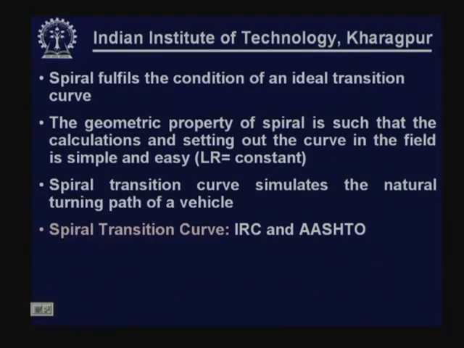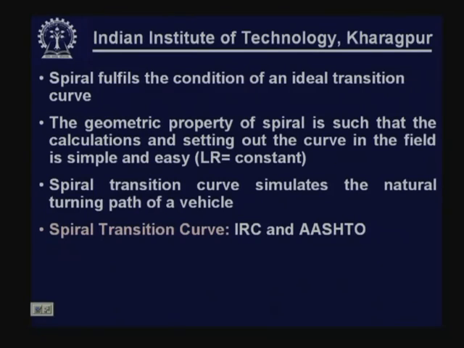Also, the geometric property of the spiral is such that the calculation and setting out of the curve in the field is simple and easy, because R is inversely proportional to L, or L is inversely proportional to R. That means LR is constant.